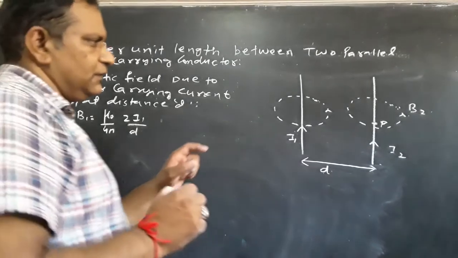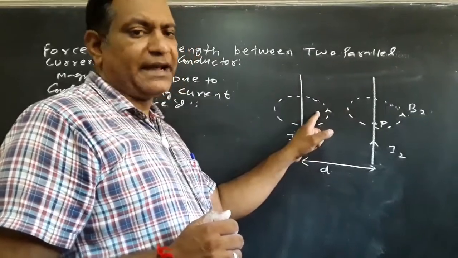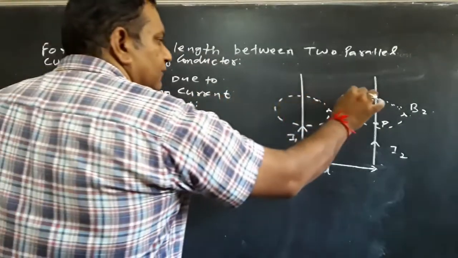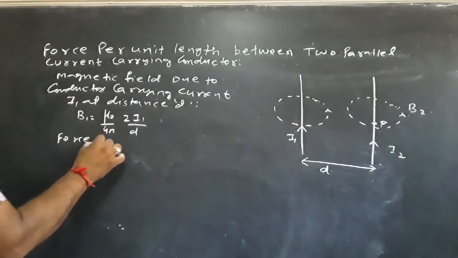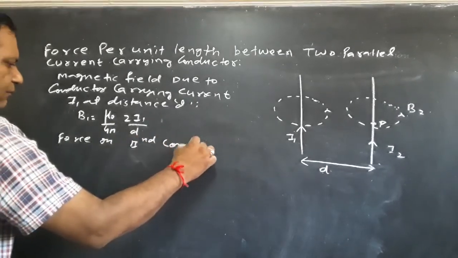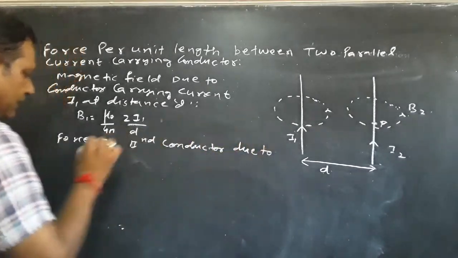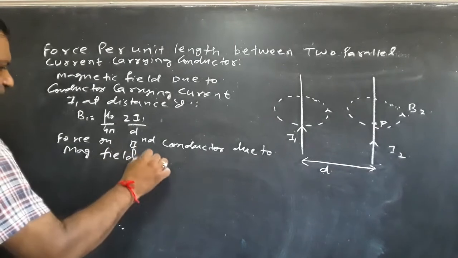Now, these two magnetic fields exert force on each other. Now, we can find the force on the second conductor due to magnetic field B1.